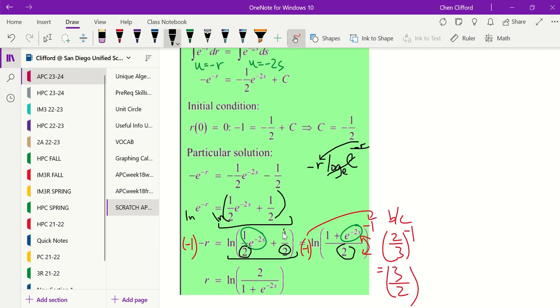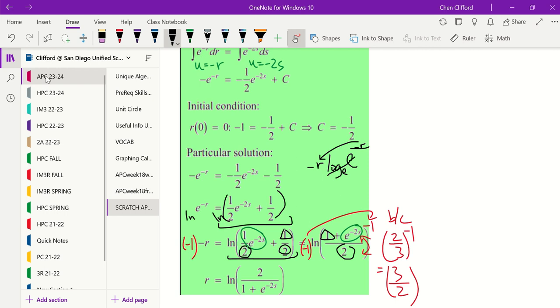And then I put this 1 right over here, and then put this e to the power negative 2s right here. So as of right now, we have negative r equals ln parentheses 1 plus e to the power negative 2s over 2. Never mind my annotations so far. I'm just focusing on the black to explain this.